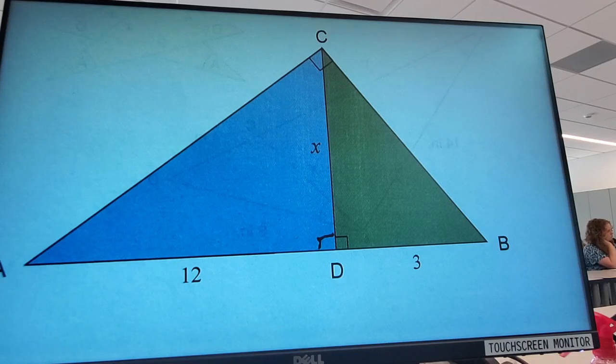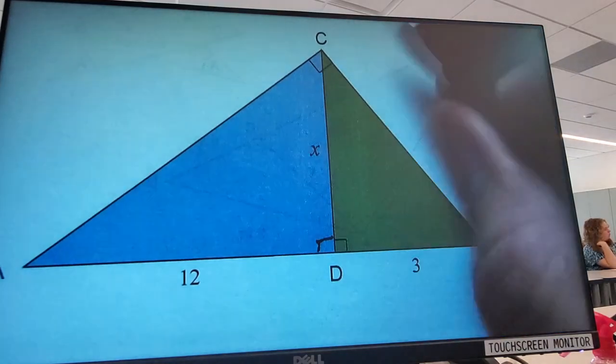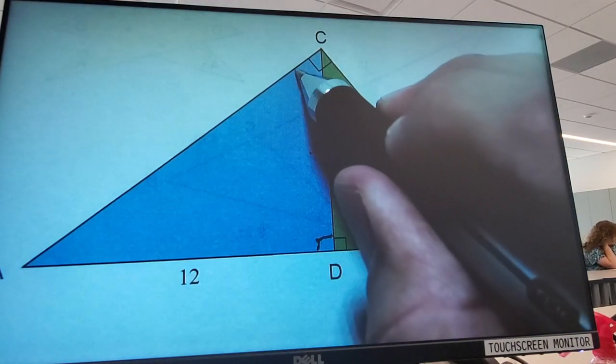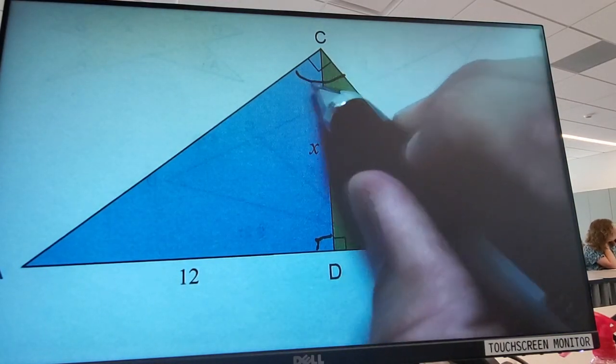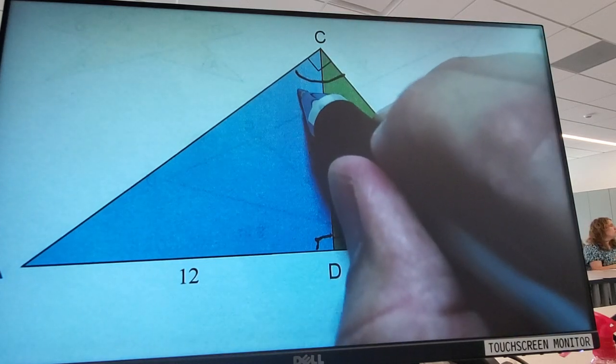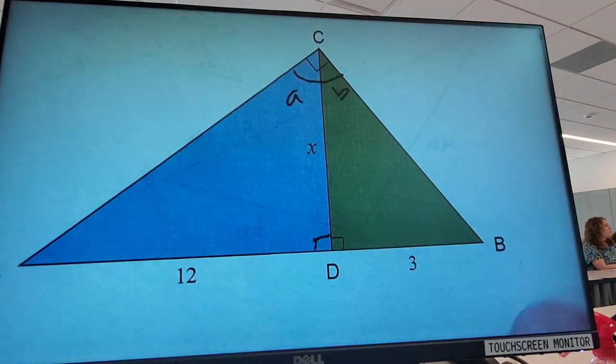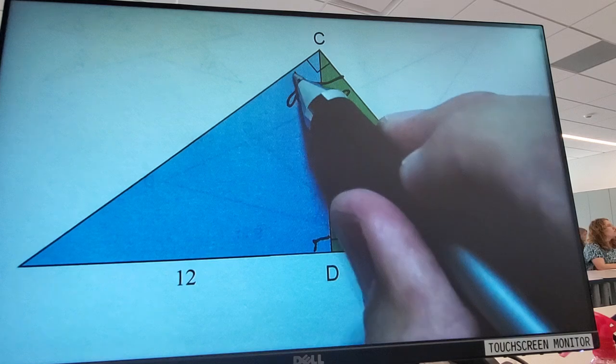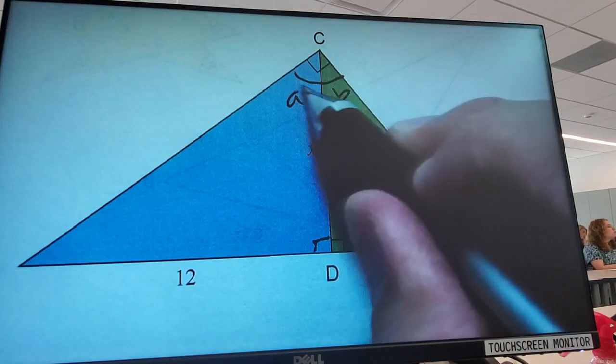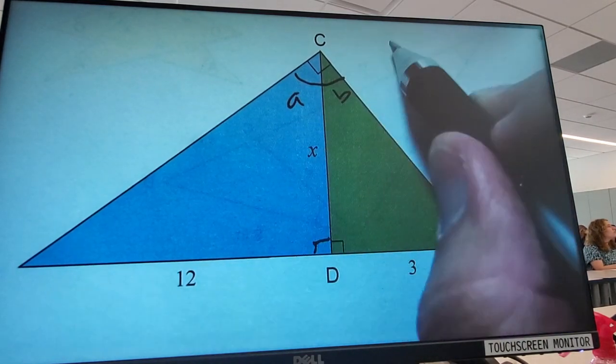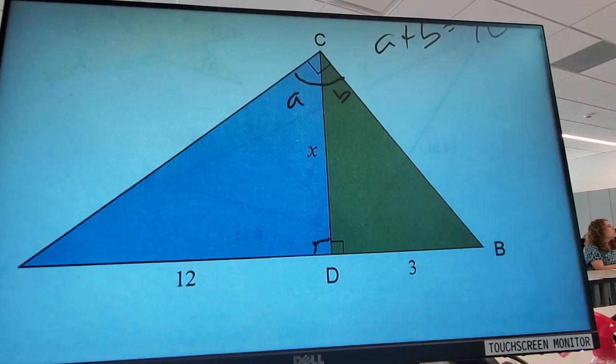Well, let's see. These two angles have to do what? Let me call this one little a, and this one little b. Those two angles have to add to be 90.